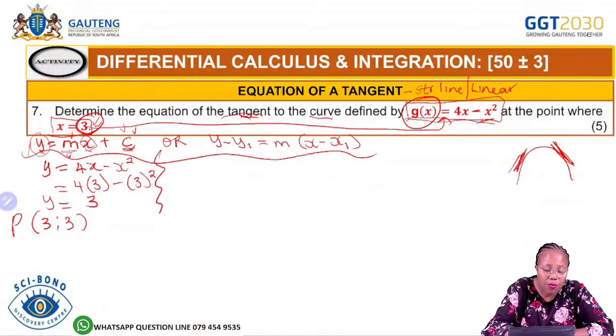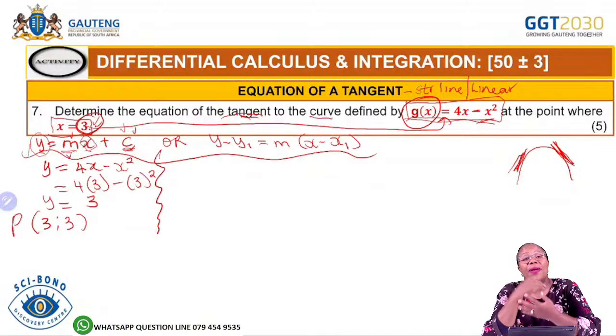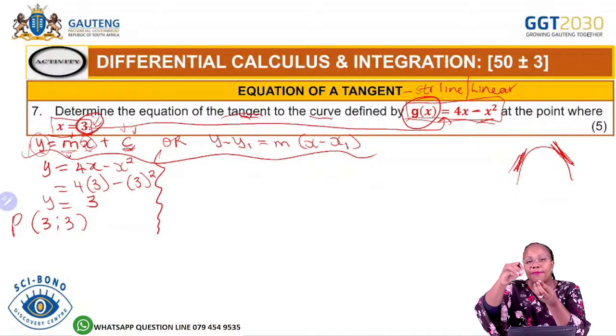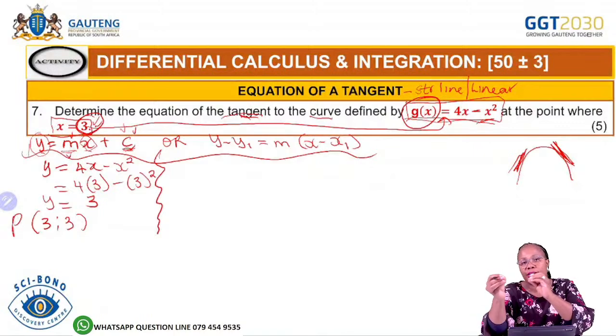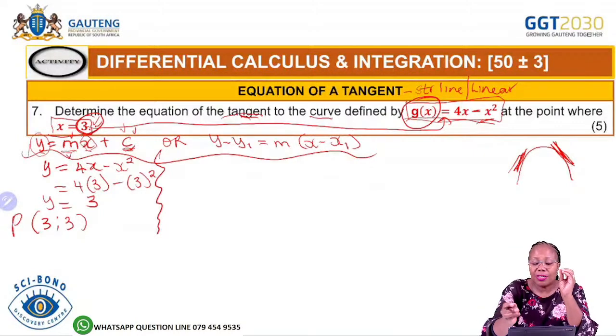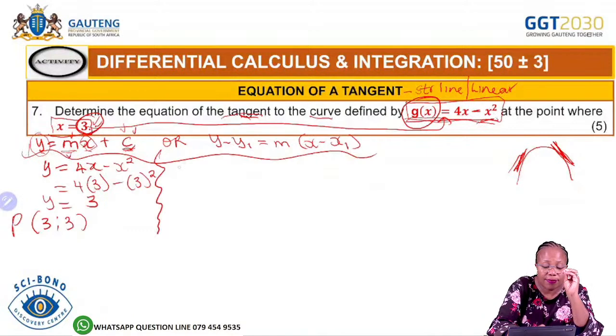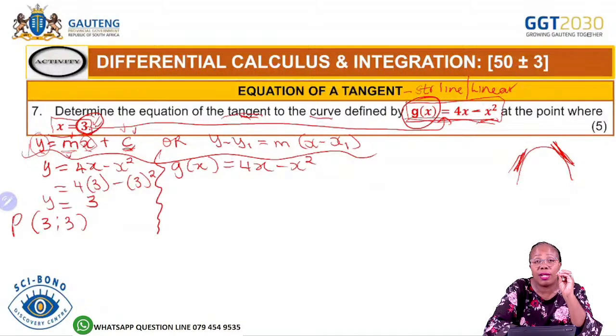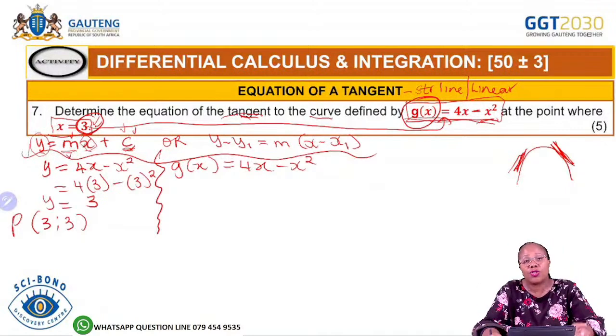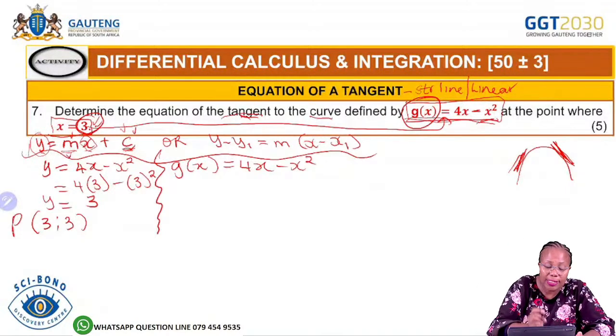Okay, now we must have a gradient. Remember, the gradient of a tangent has a relationship with the derivative of the function it is a tangent to. That means now if you have this g at x function, 4x minus x squared, of which this tangent is a tangent at x equal to 3, the derivative of this function will be the gradient of the tangent. So let's derive.